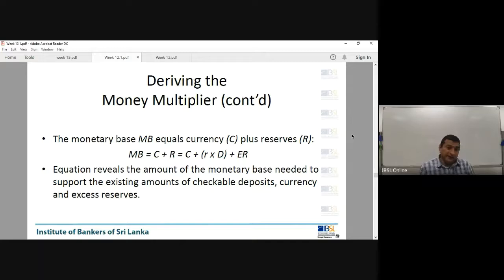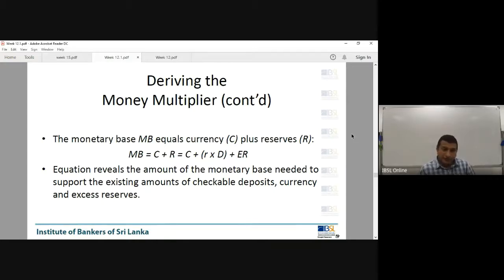So now you replace that R with small r times D, required reserves, plus ER, that is excess reserves. So now you can write down the monetary base equation, which is nothing but currency plus reserves, that is C plus small r times D plus ER.